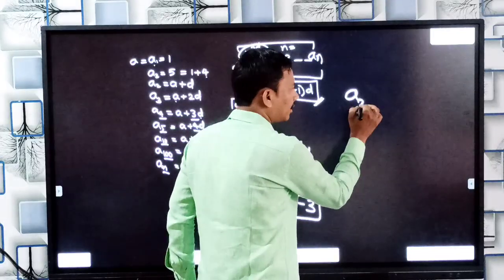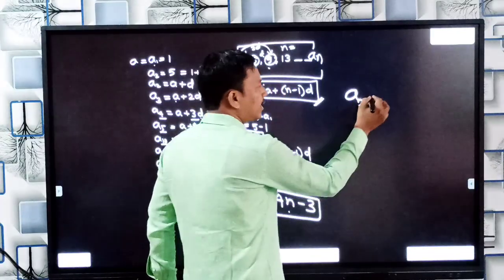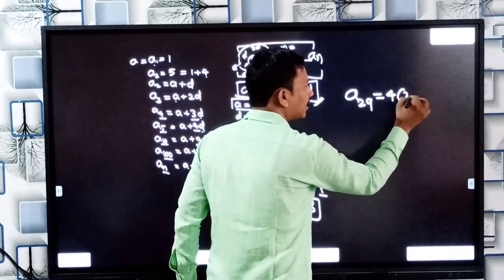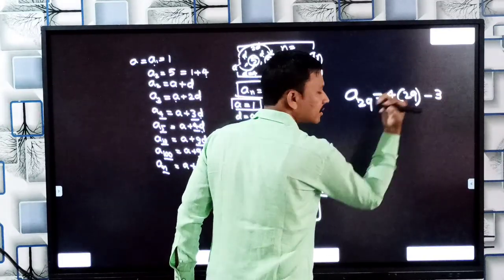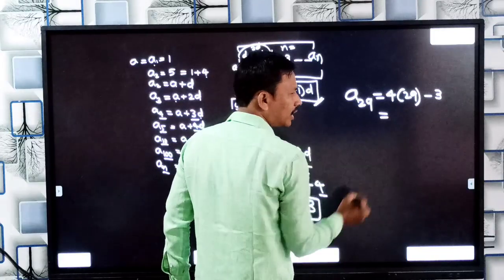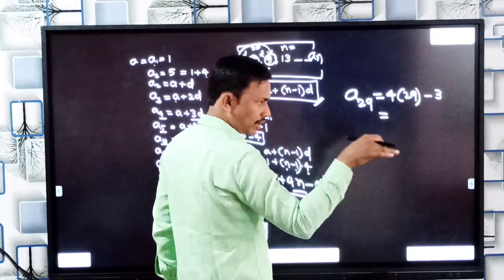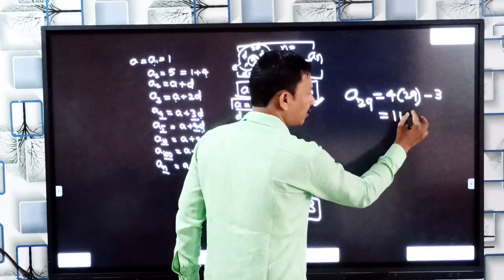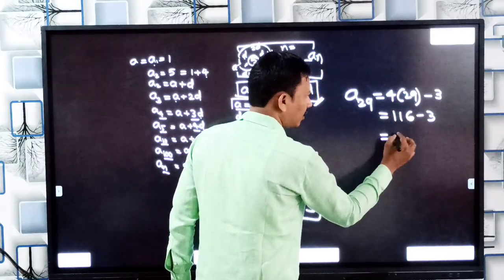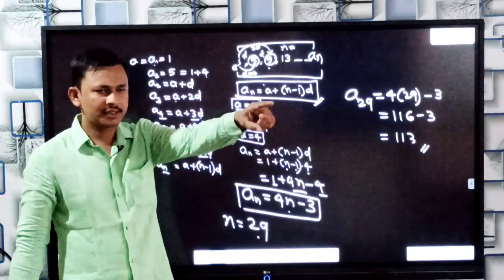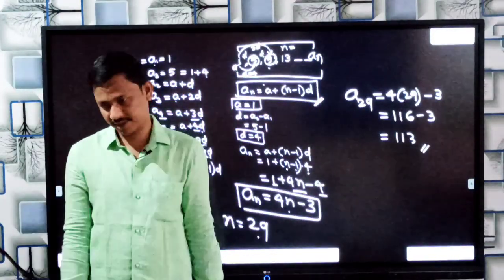What is n value? 29. a29 is equal to 4 in bracket 29 minus 3. This is equal to 29 4s. Okay, what is 30? 30 4s are 120. 4 less than that is 116. 116 minus 3 is equal to 113. The amount with Srishti is 113 rupees.